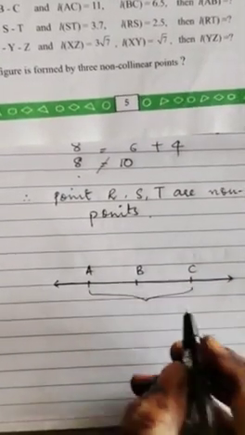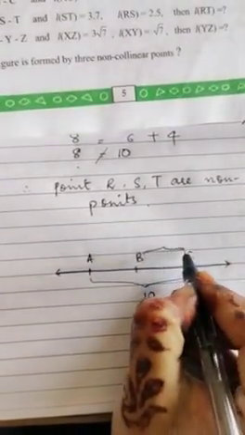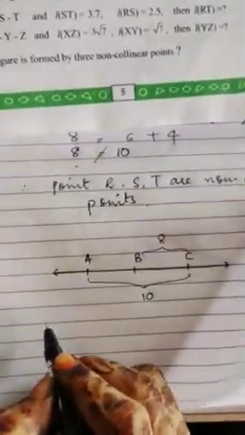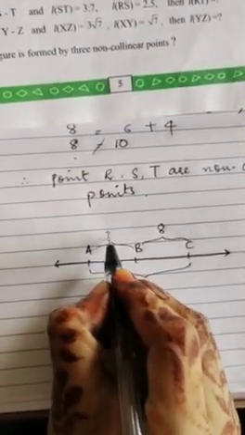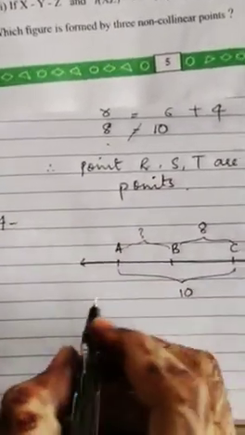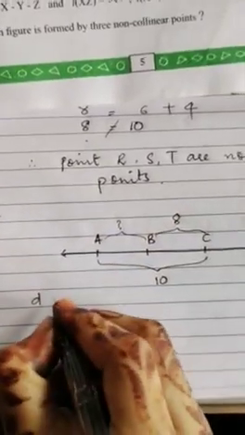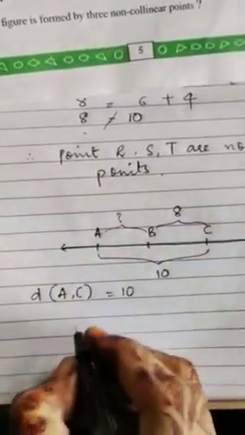Distance AC is 10. Distance BC is 8. This distance is 8. Then we have to find the distance AB. We have to find this distance. Will you find it out by using the same way? See how you will write. Distance AC is equal to 10.